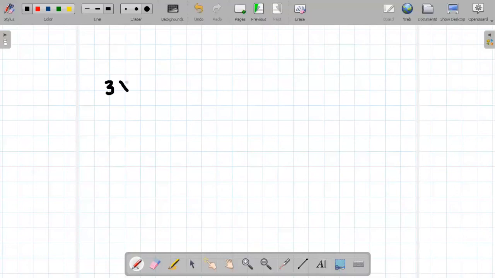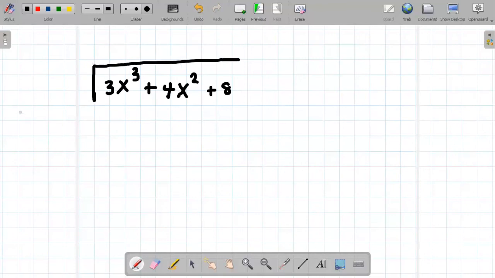For example, you have 3x cubed plus 4x squared plus 8, and that is to be divided by x plus 2. So what are we going to do for this?